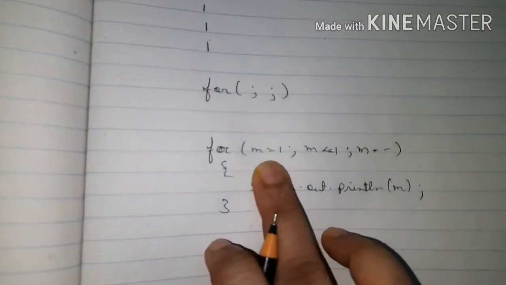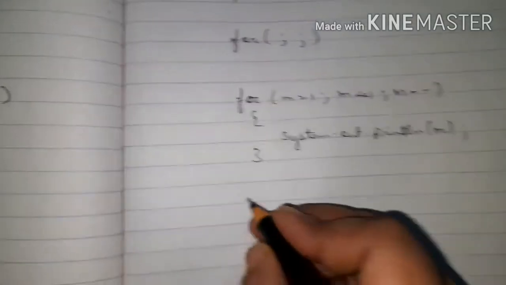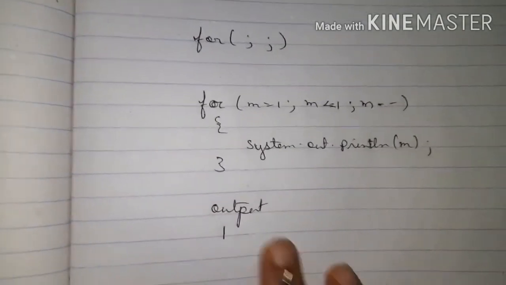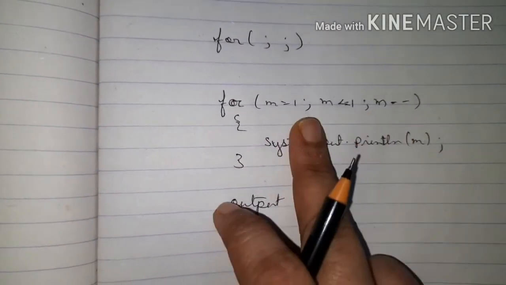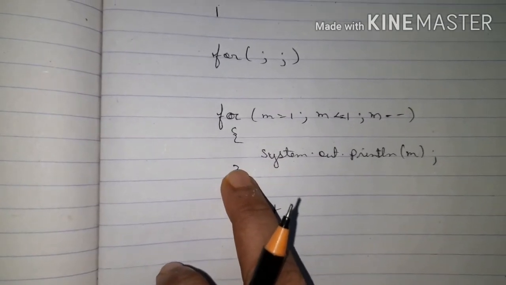First, m is 1, so 1 is equal to 1, the condition is true, so it will enter and my output will be 1. Then the control moves to m minus minus, so m decreased by 1 and became 0.